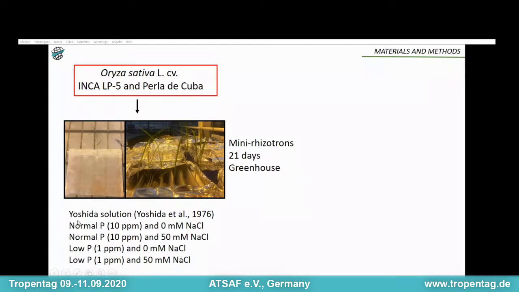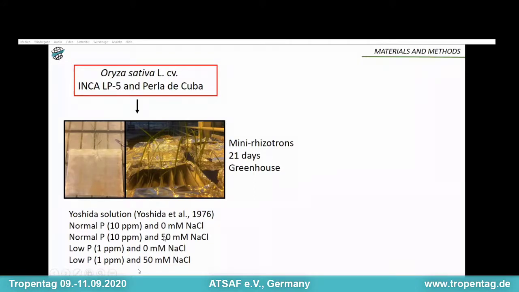The conditions used Yoshida solution with normal concentration of phosphorus, 10 ppm, and low phosphorus concentration, 1 ppm, with normal concentration of sodium chloride and high concentration, 50 millimolar, of sodium chloride.